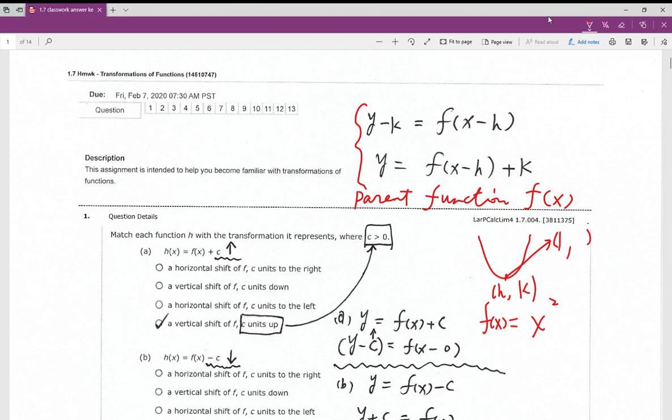For the parent function, the vertex needs to be 0, 0. And then we try to shift to a new location for the new vertex. Here, we call it h, k. Then what's the function? The new function will be x minus h squared plus k.